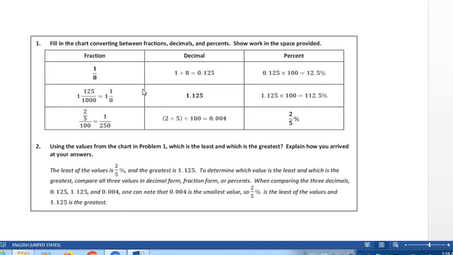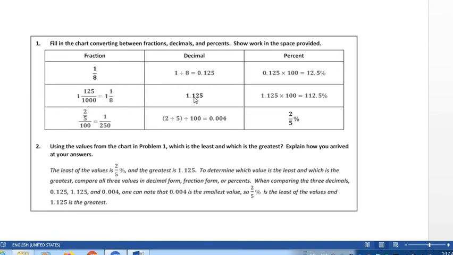When I want to convert it into fraction, I know that 1.125 is 1 as a whole number, and here 125. How many decimal places? 1, 2, 3.